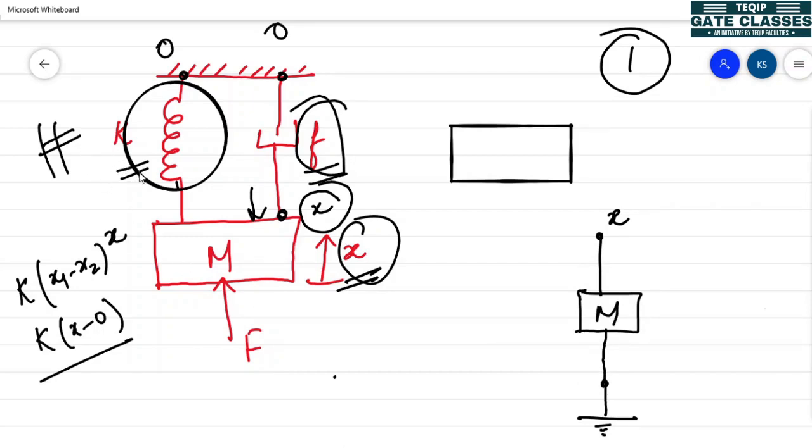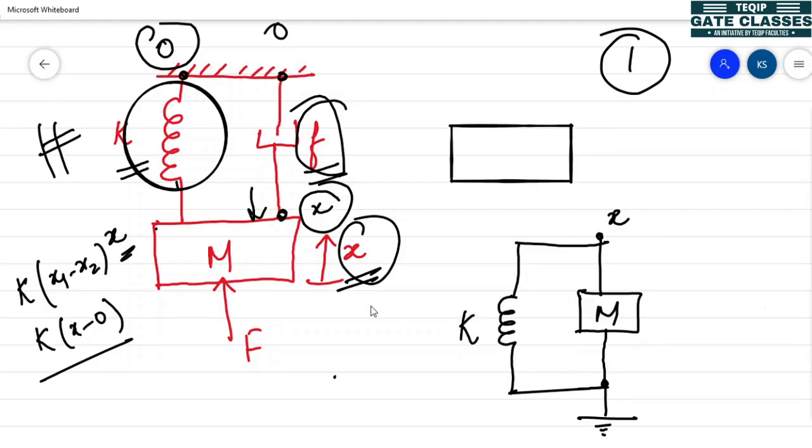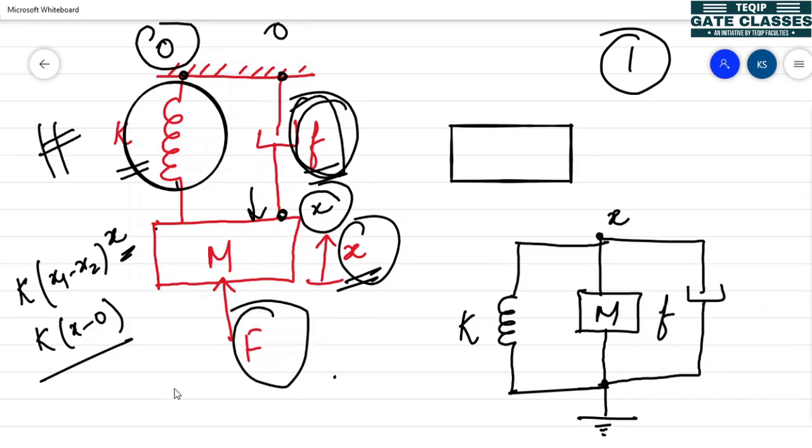Now I can see that the spring is connected between this principal node x and reference node 0, so I have connected a spring K between them. In a similar way, the damper element is also connected between the principal node and reference, so I will draw a damper element between them. Keep in mind that force always acts between the principal node and the reference node.